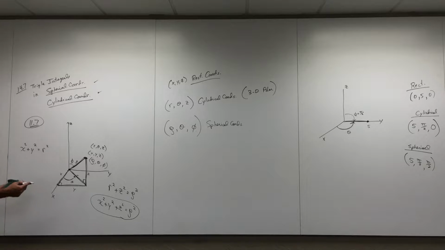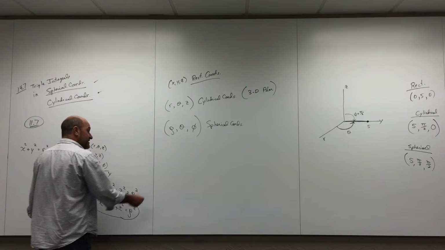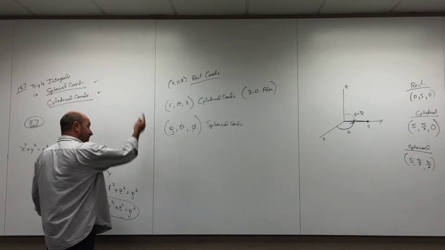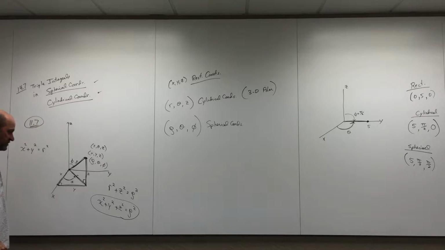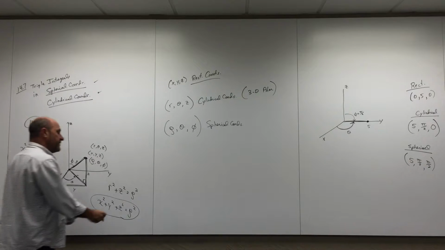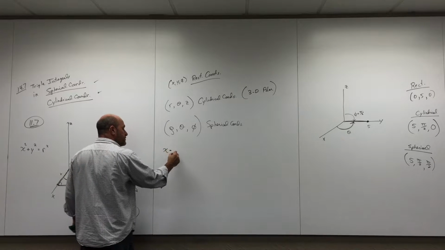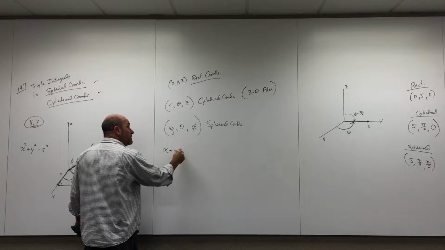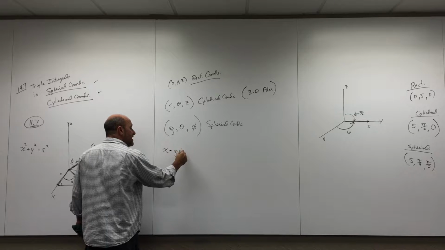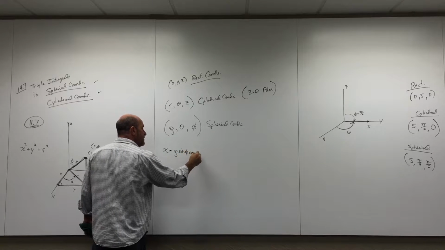I usually don't sit here and derive these. I mean, that one sort of did, but that's the easy one. This is all in 11.7, where this is introduced. It turns out x is rho sine phi cos theta.